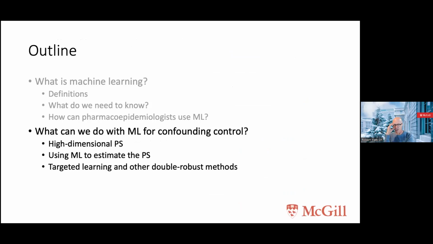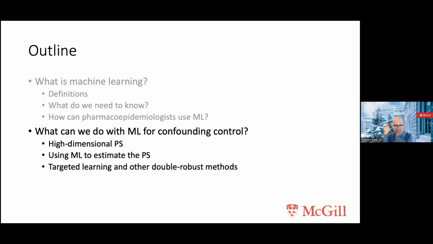So now I'm going to turn to stuff that I'm much more familiar with, and I think many of you will be more familiar with, in terms of what we can do with machine learning for confounding control.